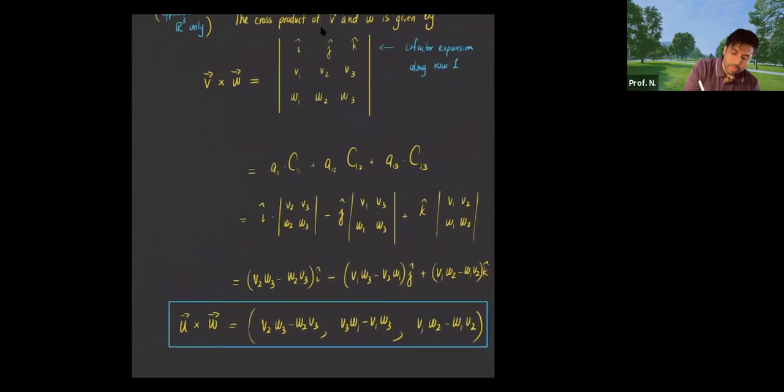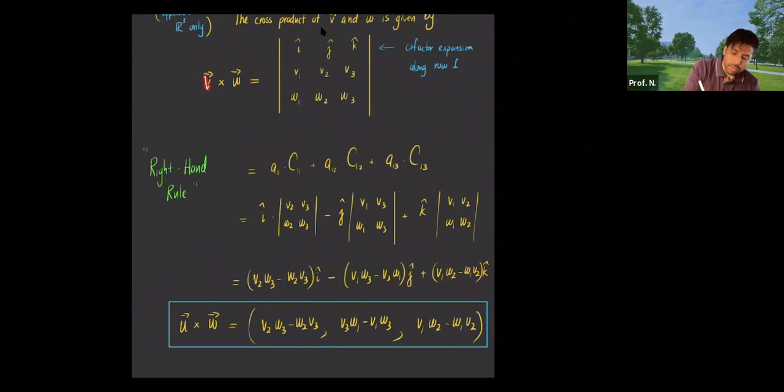And there's something embedded with this, right? Called the right-hand rule. So you have to use your right hand for this, and the order of the cross product matters.